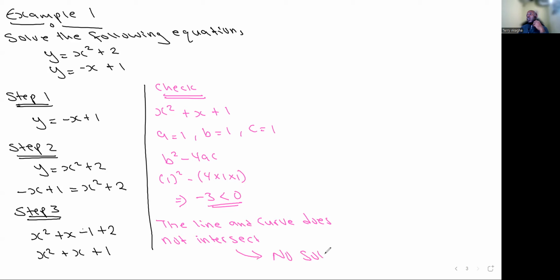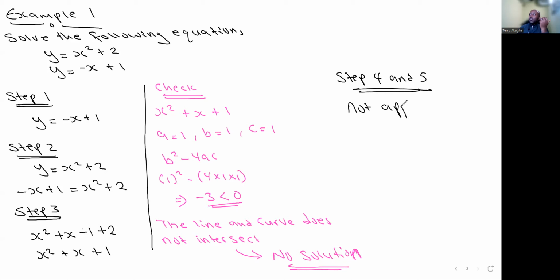So there is no need for us to try to solve this. You're just going to stop here, so step 4 and step 5 are not applicable. You have to just stop at step 3, because when you draw both of them, you will notice that they are not going to intersect.